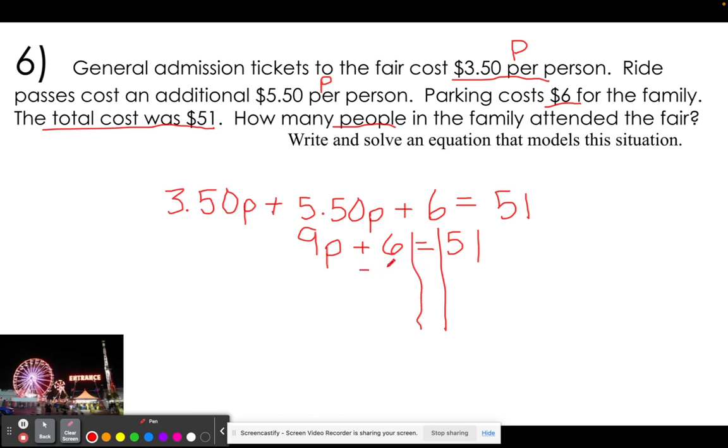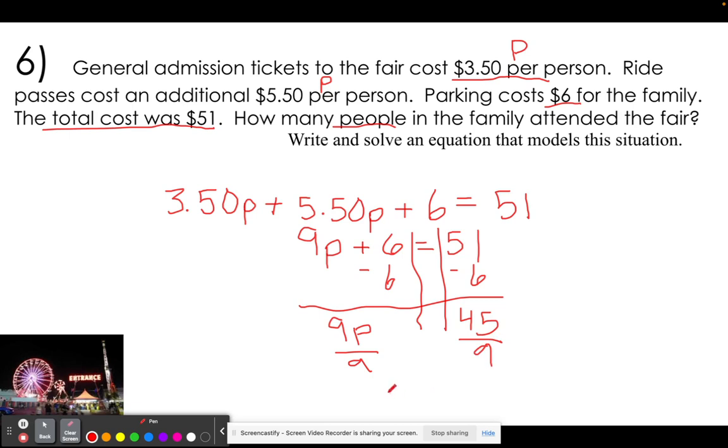Subtract 6. Subtract 6. And $9 times the number of people equals $45 for rides and admission. Divide by 9.